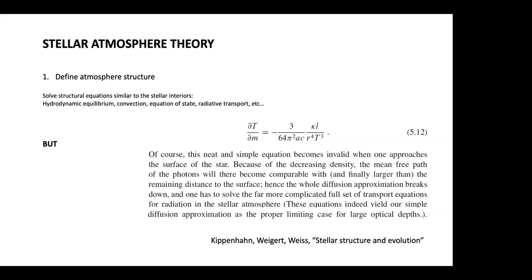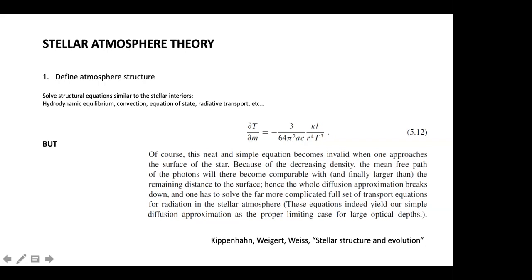Okay, easy. But in the stellar atmosphere, this is not valid anymore, because in the stellar atmosphere, the matter is not optically thick. So you cannot assume that the photons are just constantly, layer by layer, absorbed and emitted and absorbed and emitted. No, the photon can escape because the matter is optically thin. So you cannot use such a simple equation as before.